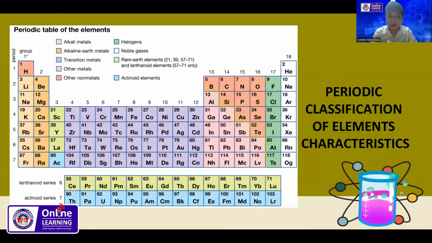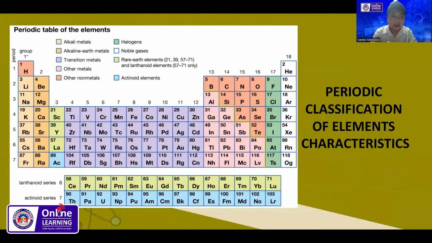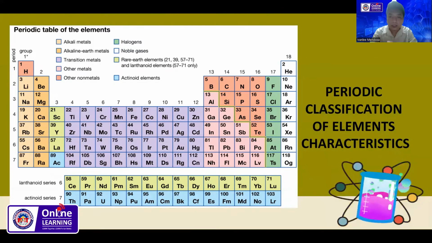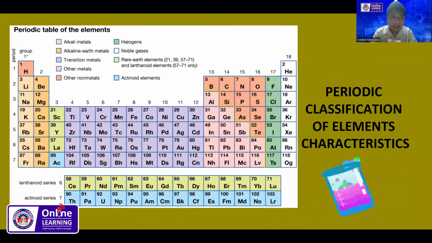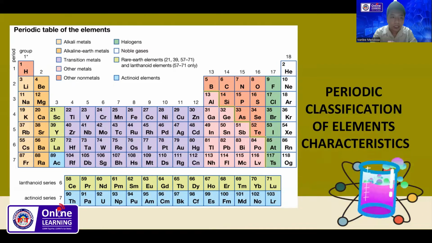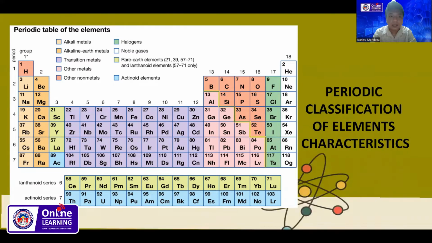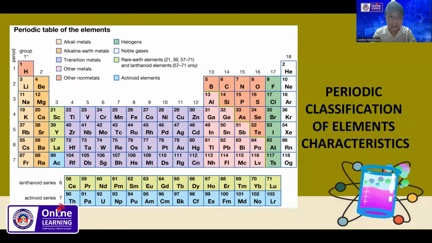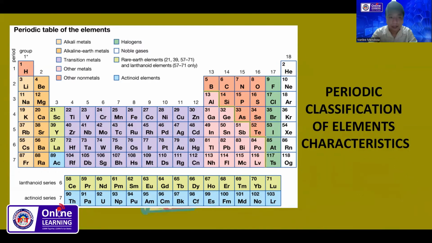Okay, so for us to identify those elements with a given color, for us also to recognize what type of classification it is. Examples are lithium, sodium, potassium, rubidium, cesium, and francium. Those are under alkali metals because of their color coding. At the same time, that is also based on the classification of those particular elements.